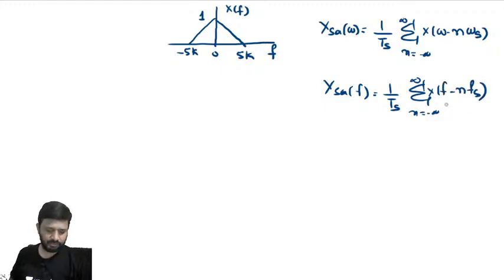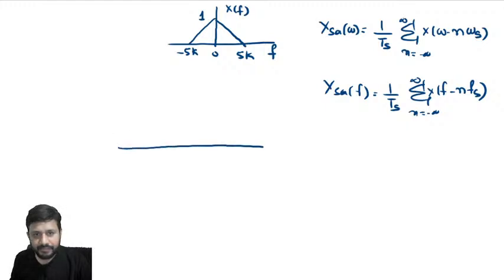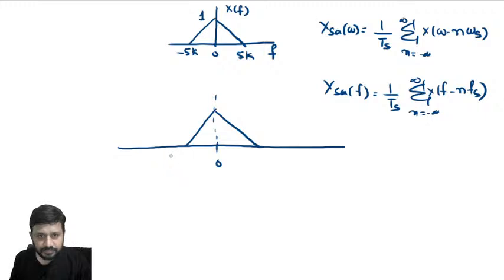Now, how will the spectrum look? For n equal to 0, the original spectrum will come, from minus 5k to 5k.